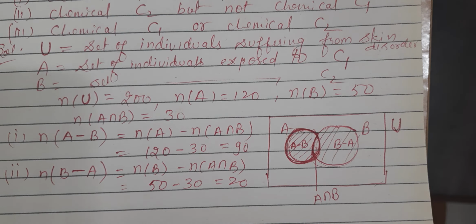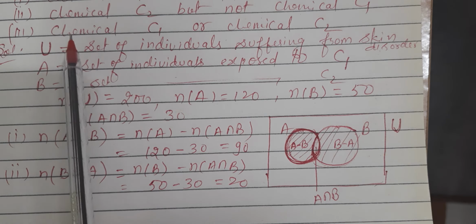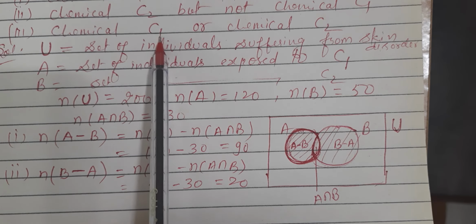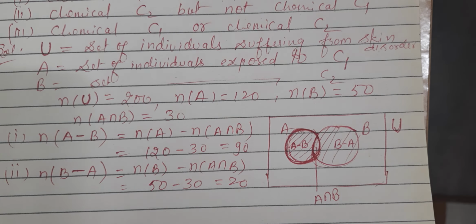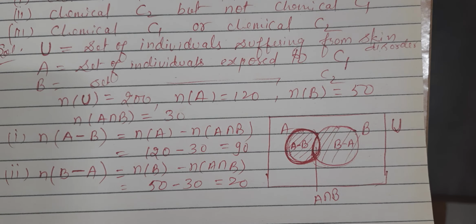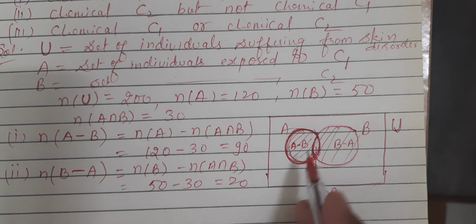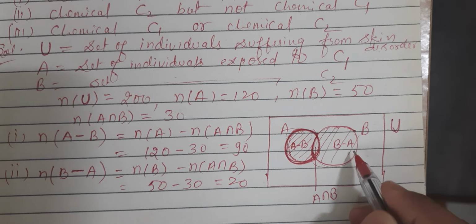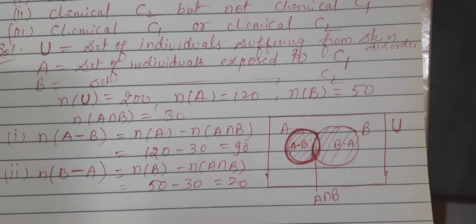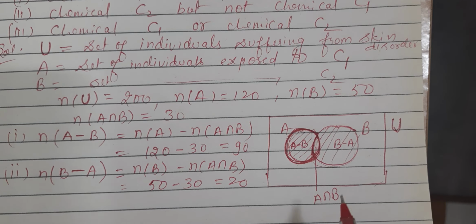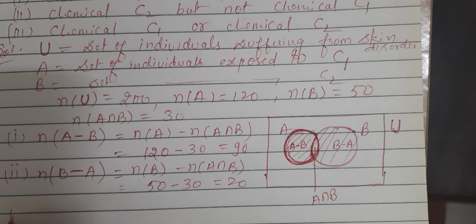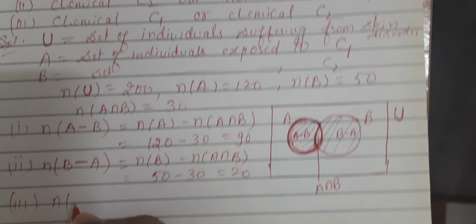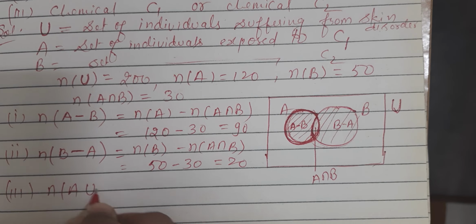And the last is the number of individuals exposed to chemical C1 or chemical C2. Or means union always. It means those who are exposed to C1 or C2 or both, so this includes that condition also. Whenever you find the word or, it means union, and and means intersection. So we have to find n(A union B).